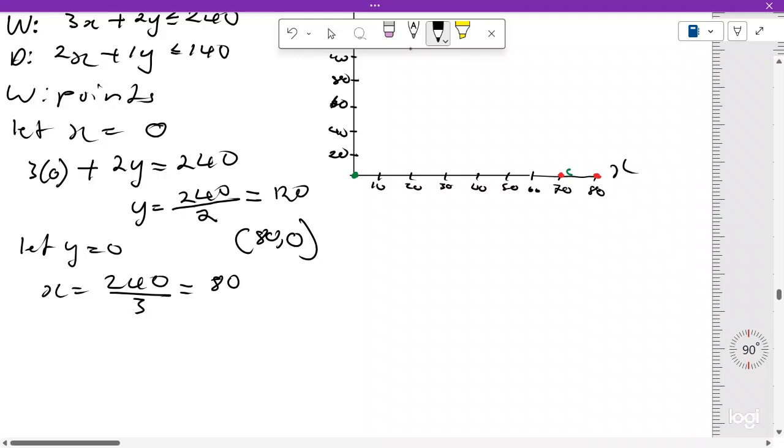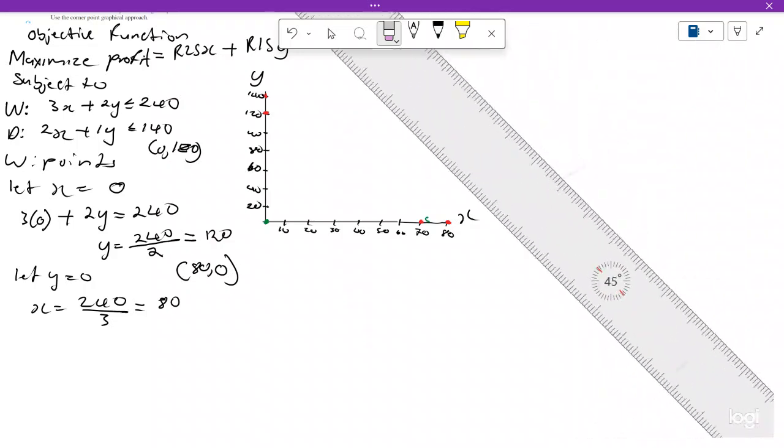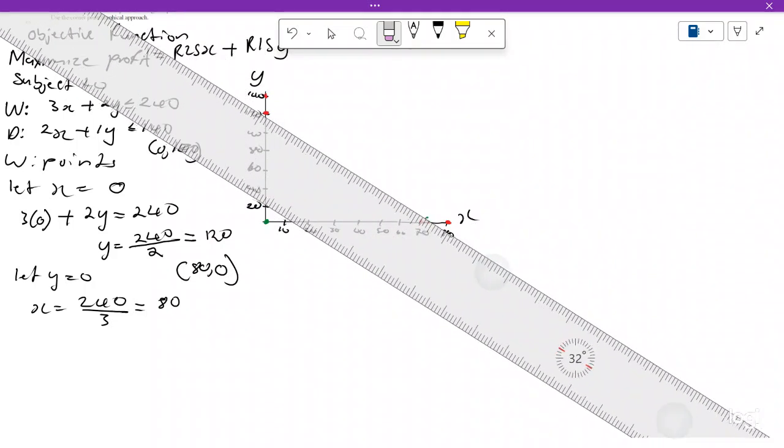Then x is 0, y is 120. Then you need to find a way to draw them nicely. So you have y as 120, there's my y there, and x as 80, there's my x. Then I flip it like this so that I can make a nice line.